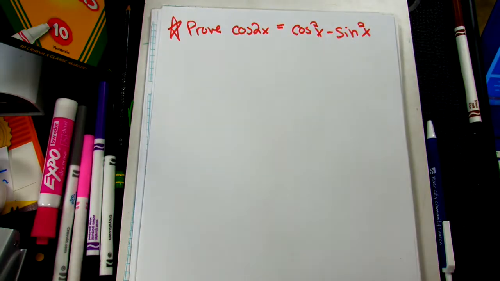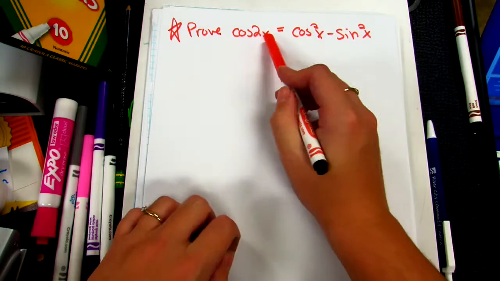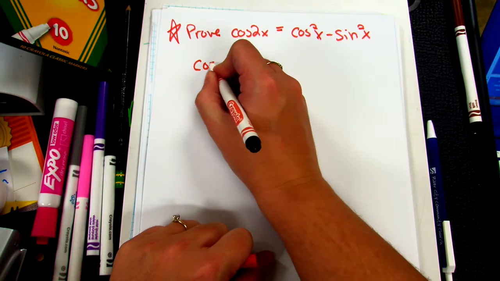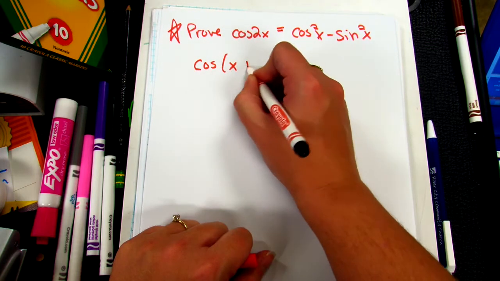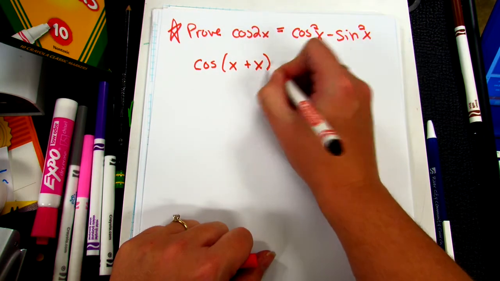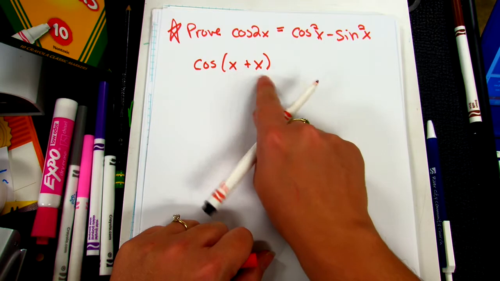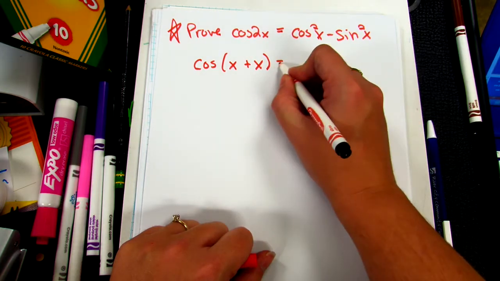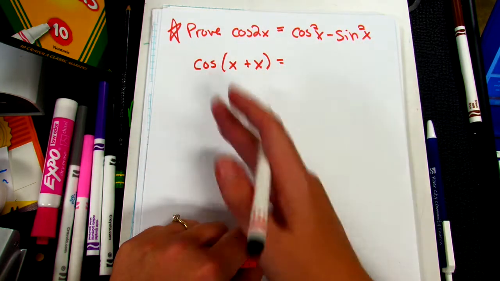If you think about it, cosine 2x is the same as saying cosine of x plus x. This is one of our other identities, the cosine sum identity, but we have x and x instead of x and y.